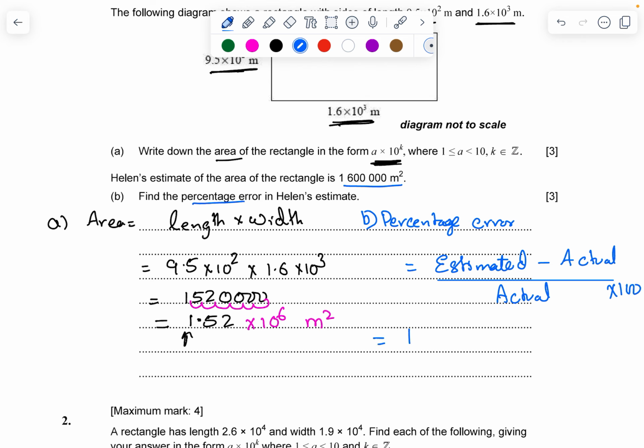So the estimated value, I am writing it out over there, minus the actual value, divided by the actual value, times 100, which, if you use the calculator, is going to be 5.6%. That's the answer, 5.6%.